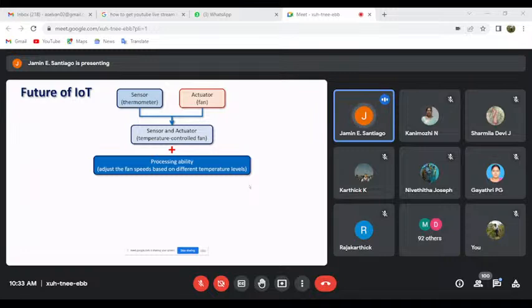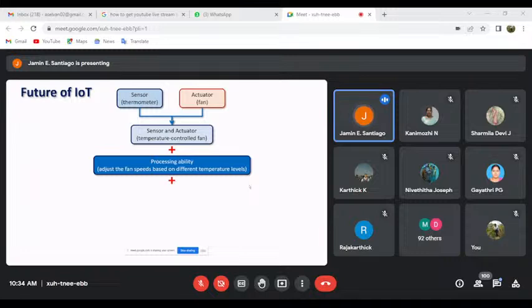Not yet. It's not yet an IoT device, but we have now increased the intelligence of our actuator. We have actuator, we added some sensor, we combine them together, and another is we will combine with processing ability. In the processing ability, this now comes with software or some programming or some electronic circuit that will do this requirement to adjust the fan speeds based on different temperature levels.